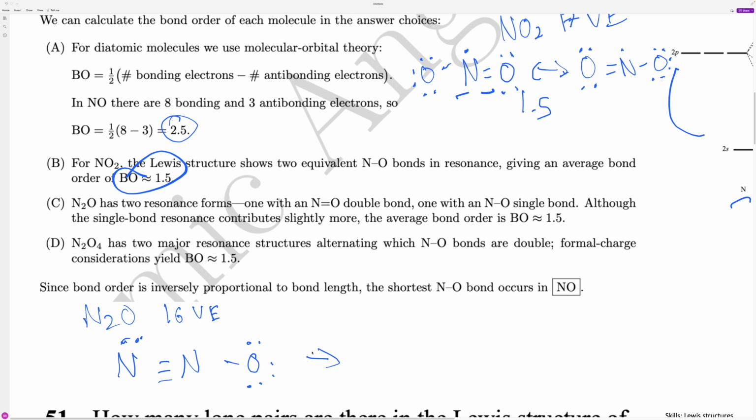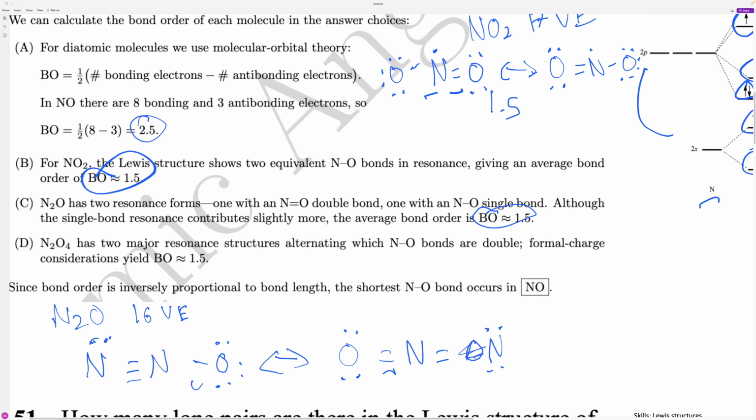However, there's also resonance with the form with N having 2 double bonds to oxygen and, sorry, this should be a nitrogen. So there is resonance here. You have a double bond here, a single bond here. So again, you're going to average out to about 1.5. These bond order approximations, of course, aren't exact, but for the scope of this exam, that's going to be okay.